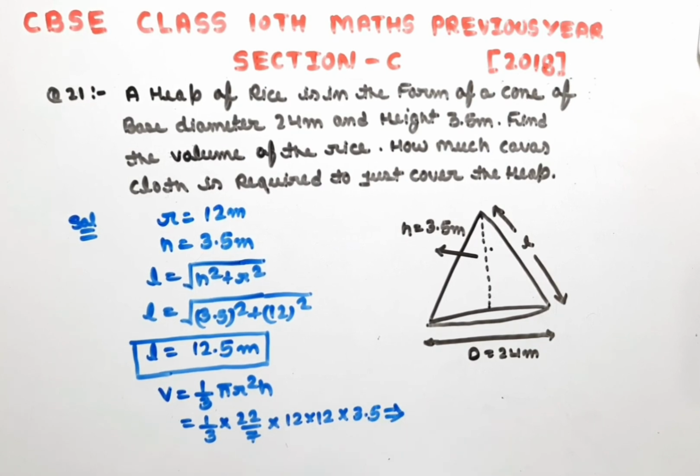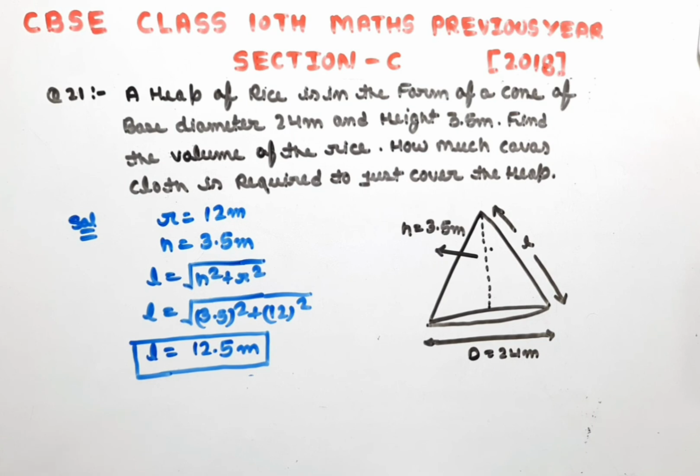On solving this, we will get volume 528 meter cube. This is the volume of rice.